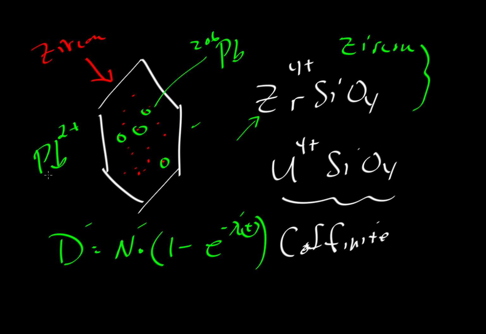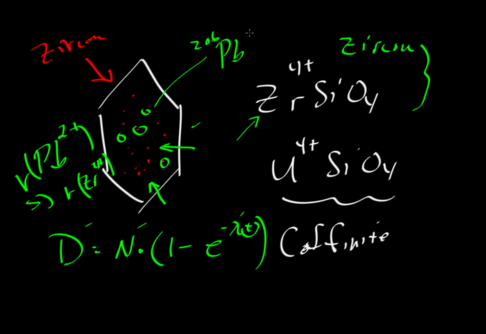Lead has a 2+ charge, and the radius of lead is much, much greater than the radius for zirconium 4+. So the charge is wrong, the size is wrong. But if you consider it from a Pauling's rules standpoint, the partitioning of lead into zircon is going to be very, very limited, while your zircon is going to be much, much happier absorbing some uranium.